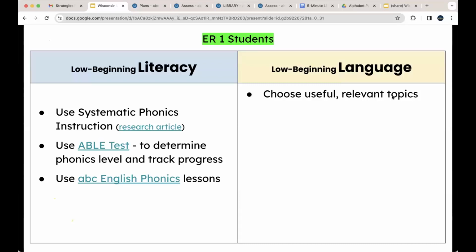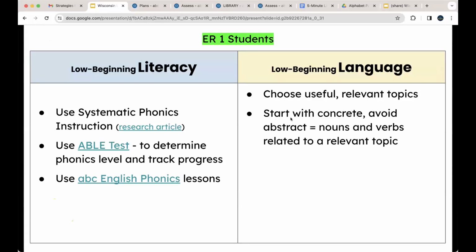Within that topic, you'll want to start with concrete language and avoid abstract. What I mean by that is, within that topic of health or going to the doctor, the concrete language is going to be things like nouns and verbs like stomach, head, back, neck, doctor, appointment, going to the doctor. And what I mean by avoiding the abstract is some of those grammatical functional words, like maybe is or was, or.